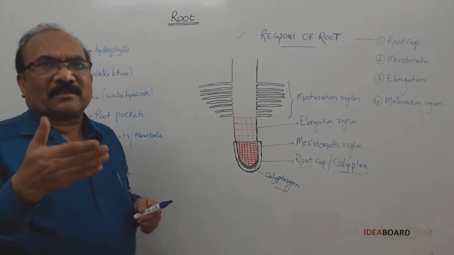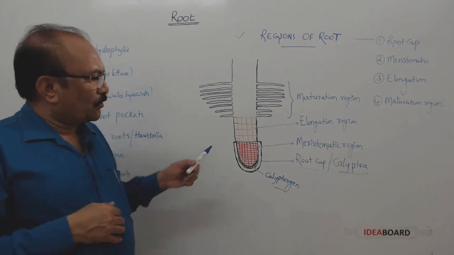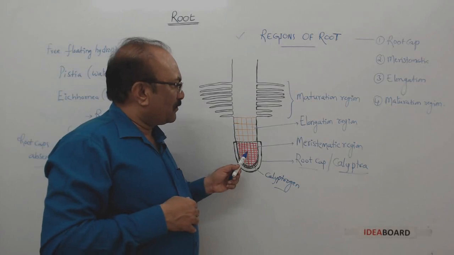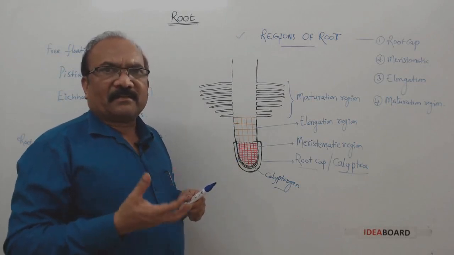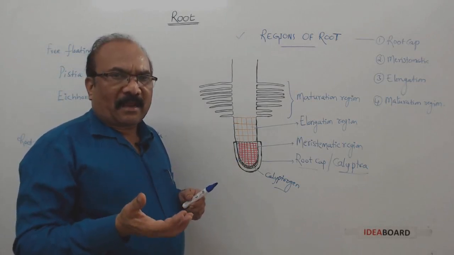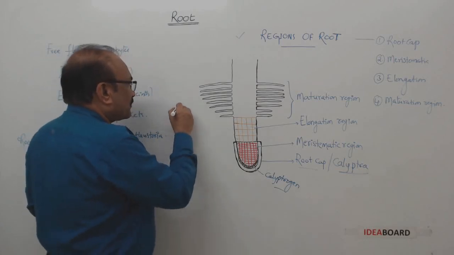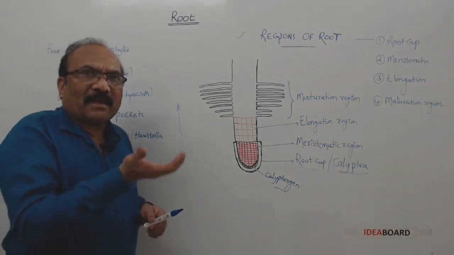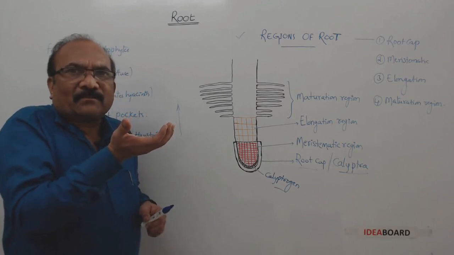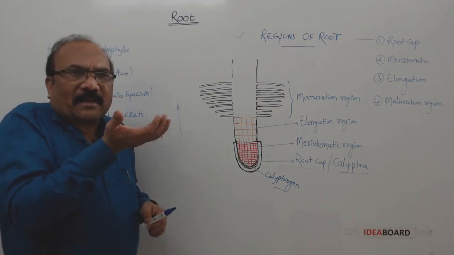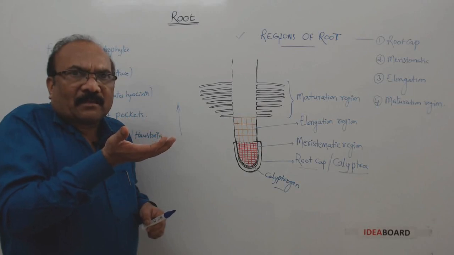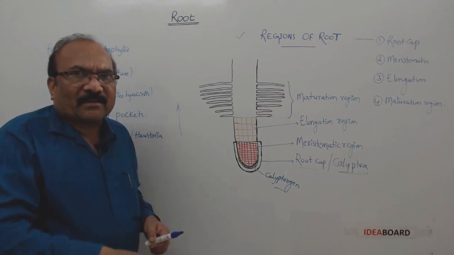To produce new cells. All these meristematic cells divide and add cells in upward direction. And imagine when cells are added in upward direction, naturally the root will grow in downward direction.